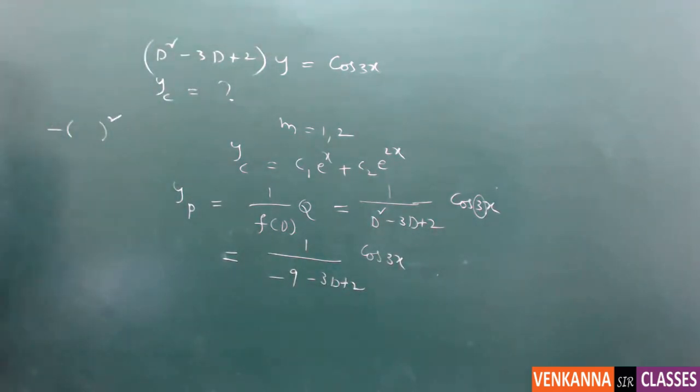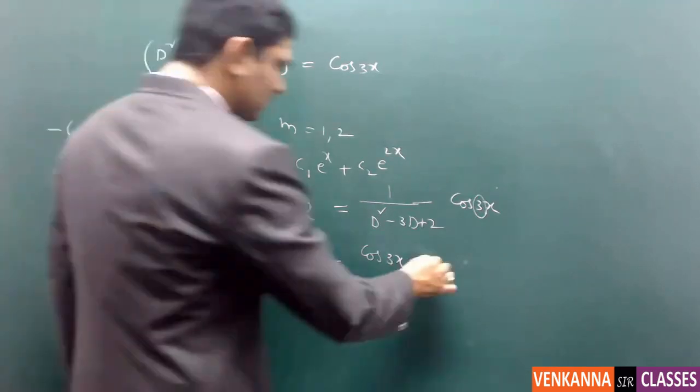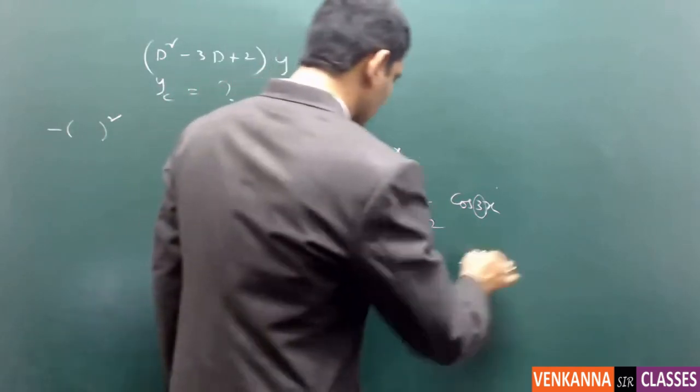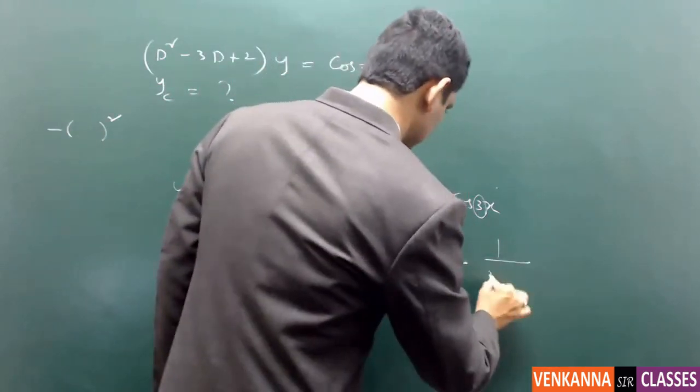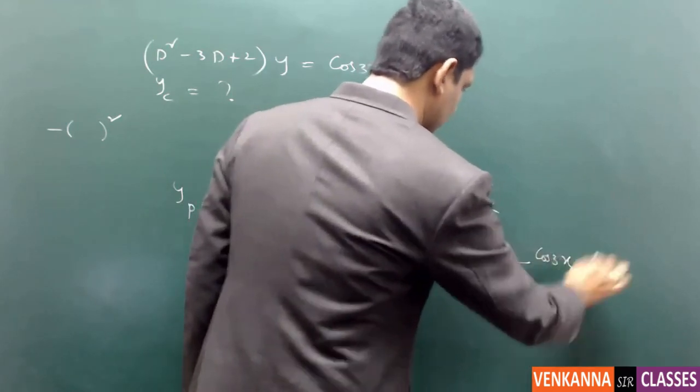Is it clear now what I have done? Right. Now if you simplify that, it is nothing but minus 1 by 3D plus 7 into cos 3x.